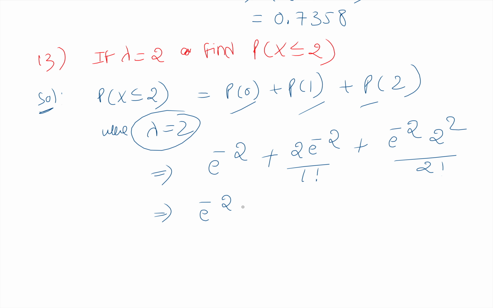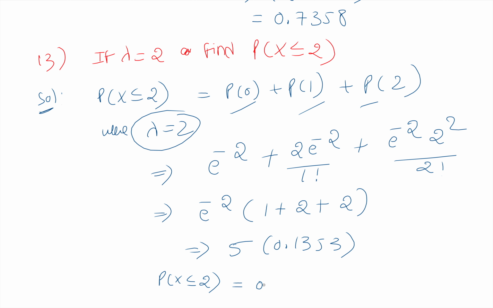Taking e to the power of minus 2 common, that is 1 plus 2 plus 2, because 2 square is equal to 4, and in the denominator 2, 2 in 2, 2 is 4, so that's why we write 2. So e to the power of minus 2 value, that is 5 into 0.1353, we get probability of x less than or equal to 2 equal to 0.6767, which is our required answer.